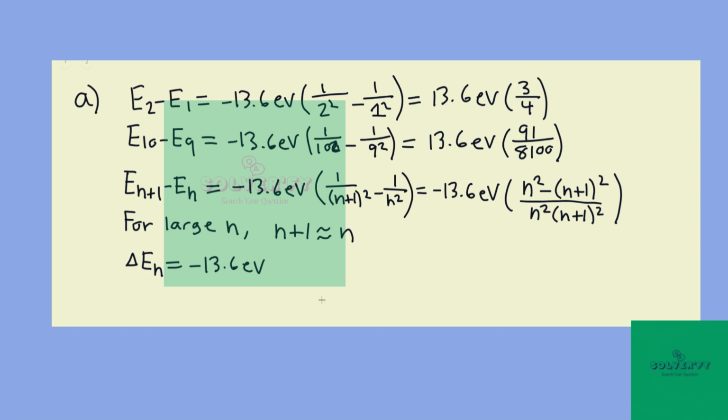It's actually worth expanding this first. Let's expand this expression first and then do the approximation. n squared minus n squared minus 2n minus 1. I'm simply expanding the quadratic. If we do the approximation too soon, we'll get a trivial result. We don't want that.